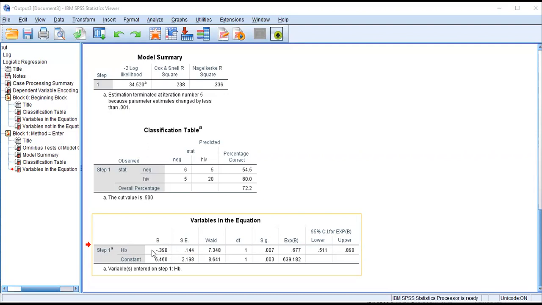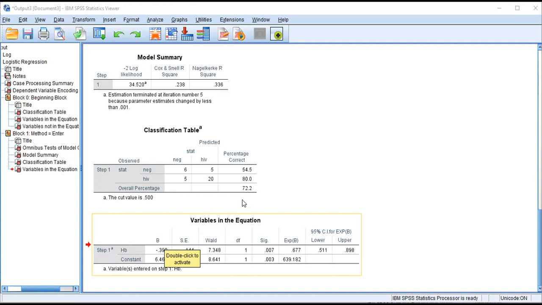So this B value is simply the strength and the type of association. If it was positive, you would say it increases the chance of having HIV by maybe 0.3, 0.90, but if it is negative, it decreases the chances of having HIV by 3.90.